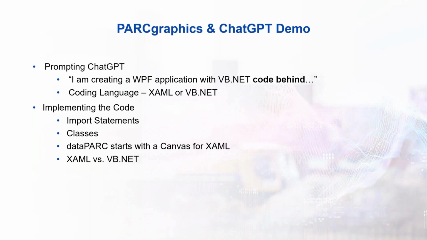So if you're using ChatGPT to get a lot of XAML, you have to be careful there, because copying wholesale from ChatGPT XAML and putting that into PARCgraphics XAML can cause all kinds of issues. So you really just want to use the XAML from ChatGPT in terms of the controls themselves. Just copy like the data grid implementation over or something like that. But you can tell ChatGPT, hey, I'm using a canvas and not a grid.